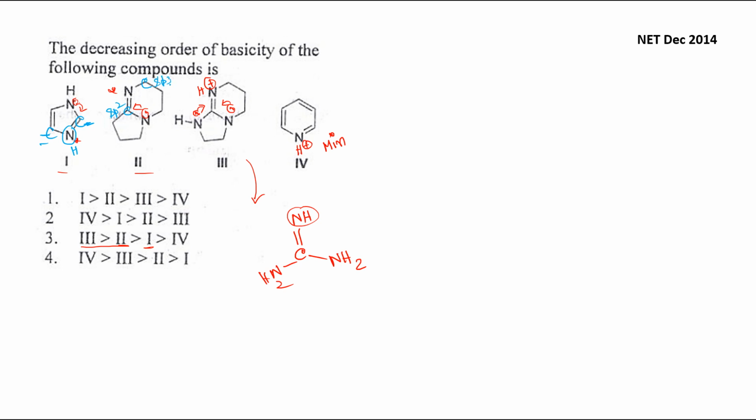So one carbon is sp3, which means the electron withdrawing tendency is not so high. Which one gets more stability? Obviously 2, because here one carbon is less electron withdrawing in nature because of its sp3 hybridization character. So after 3, 2 will come before 1. So this is the correct option.